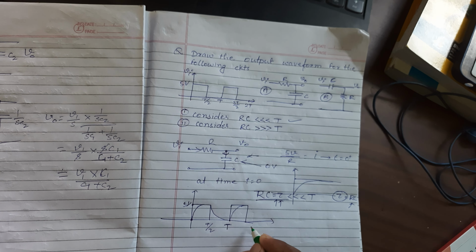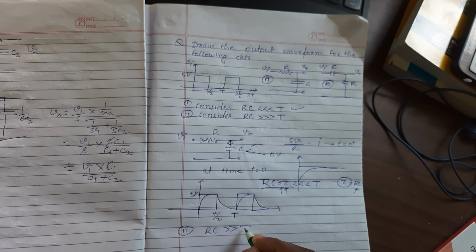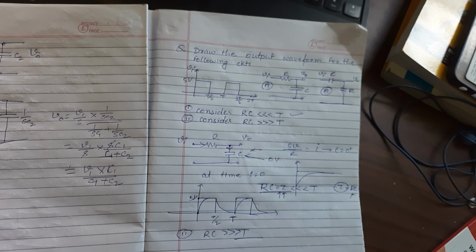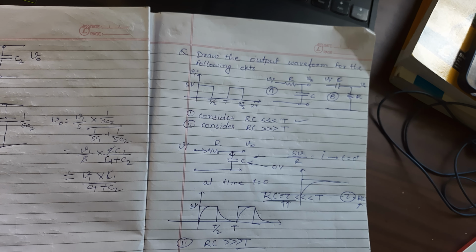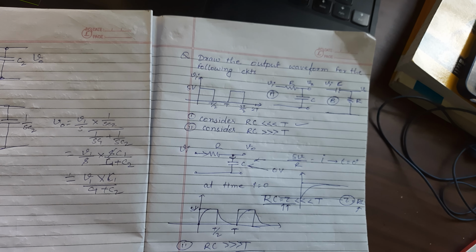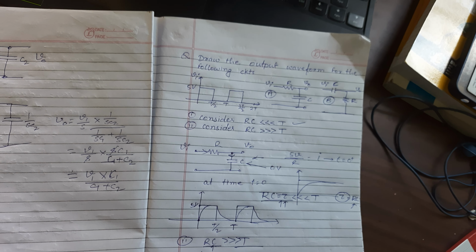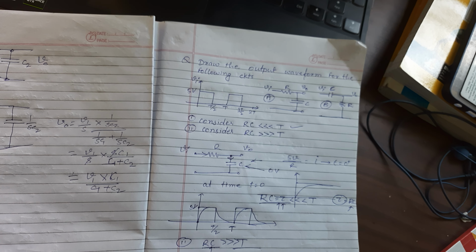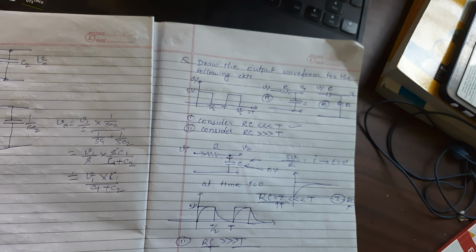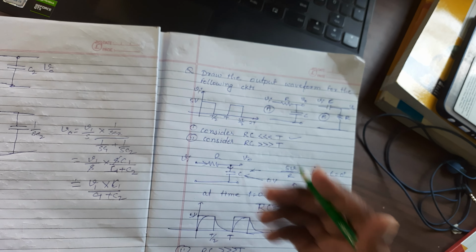Now consider the second case, when RC is much greater than T. When the capacitor starts charging, since RC is much greater, the capacitor will take much more time to fully charge, so it will not be able to fully charge, and it will get partially charged, and at that time the input becomes 0.